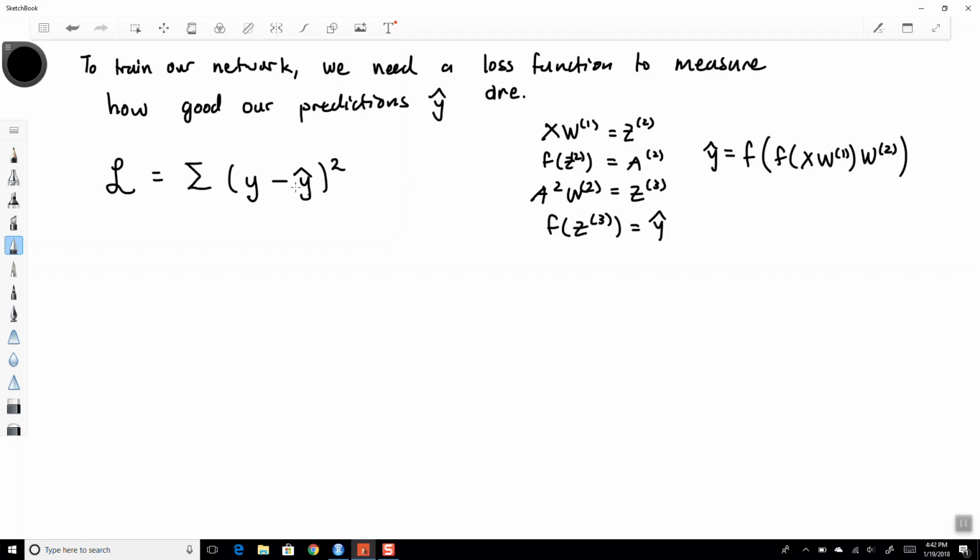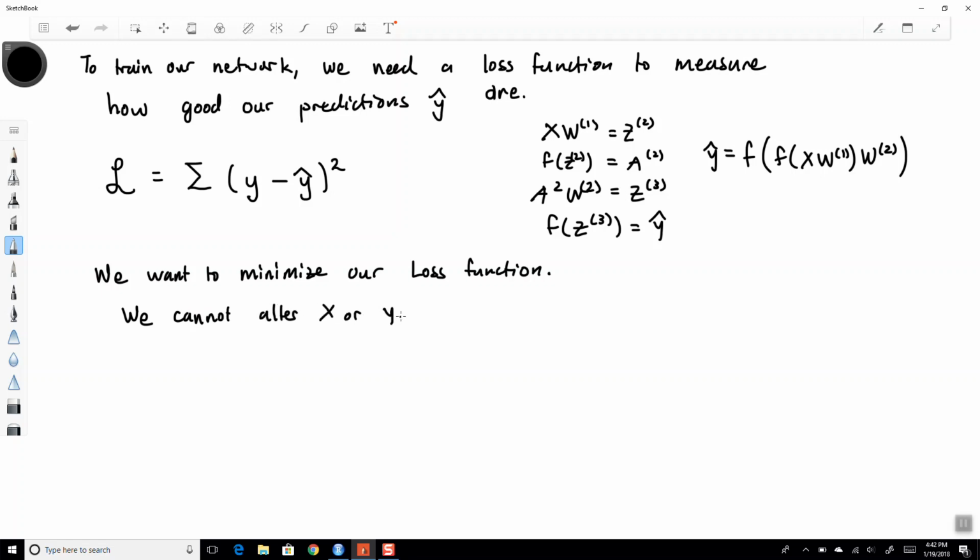So we want to minimize our loss function, right? What are the things that we can alter? If we look at this, we can't alter our inputs x, okay? That's because those are fixed values, right? So we cannot alter x or y, okay?